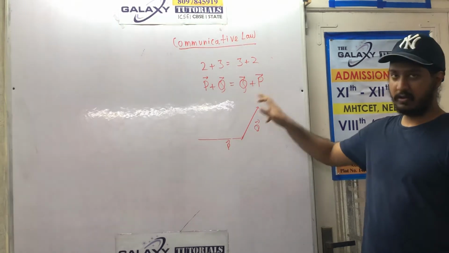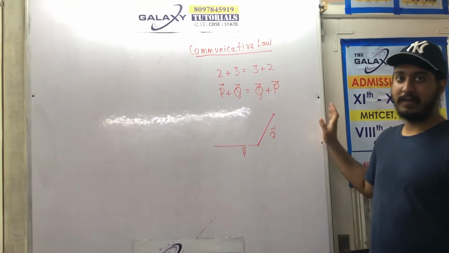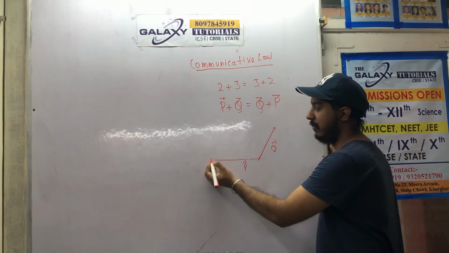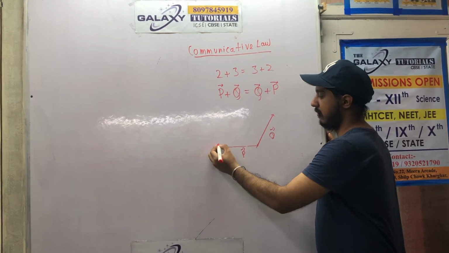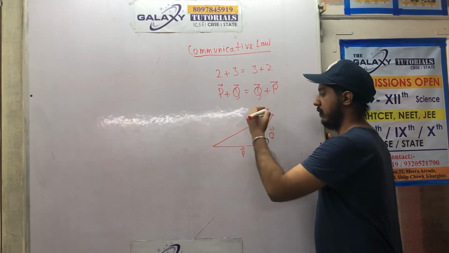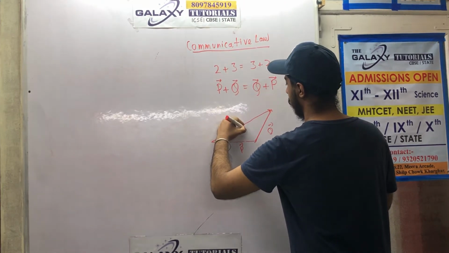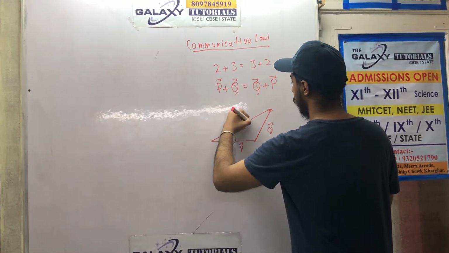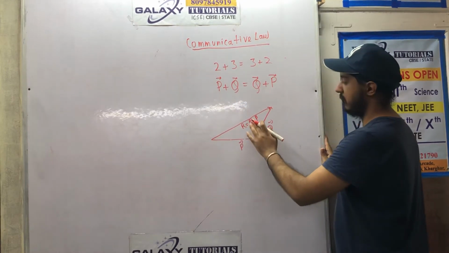So in which direction are they rotating? In this direction. This direction is what? Anti-clockwise. So the resultant vector will be the third side, you already know, but that will be in which direction? It will be clockwise. So the vector will come like this. This is the resultant vector R, and this is equal to Q plus P. Sorry, P plus Q.